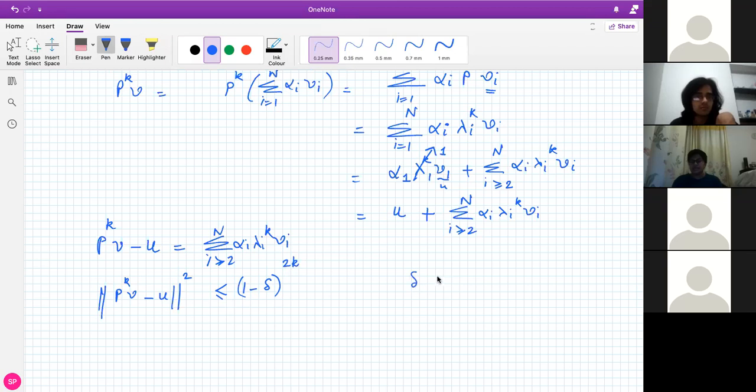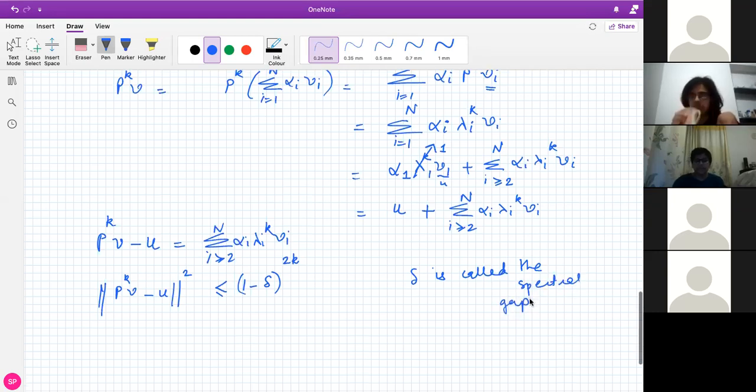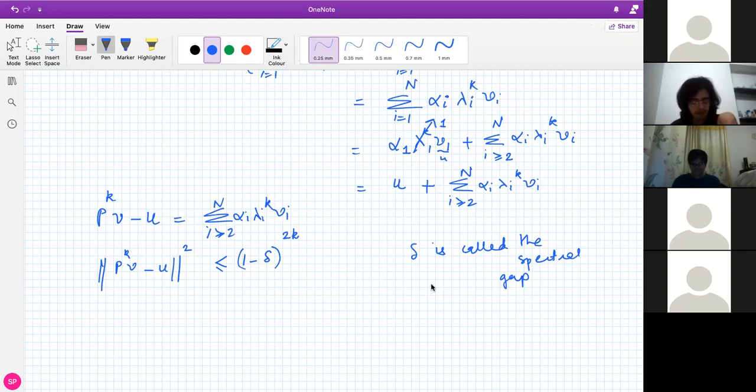Where delta is called the spectral gap, okay? Now, the actual definition of delta is the largest eigenvalue, that is lambda 1, minus the max of the modulus of the other eigenvalues, okay?